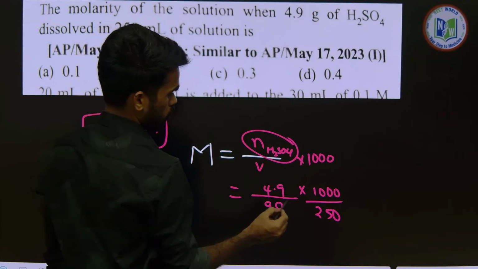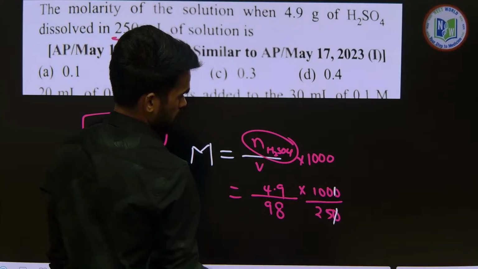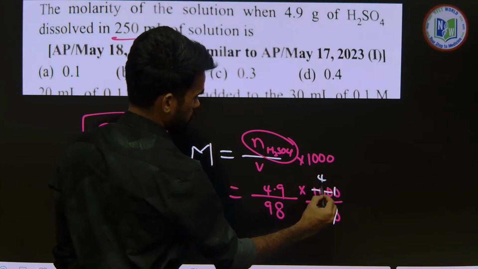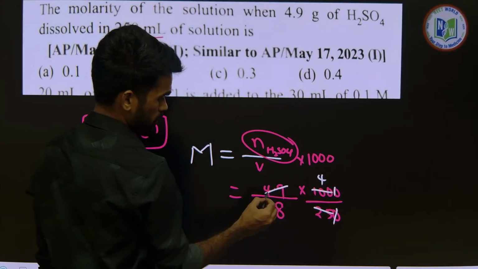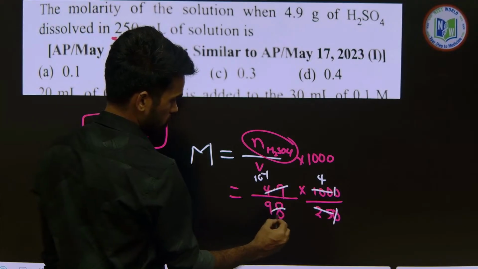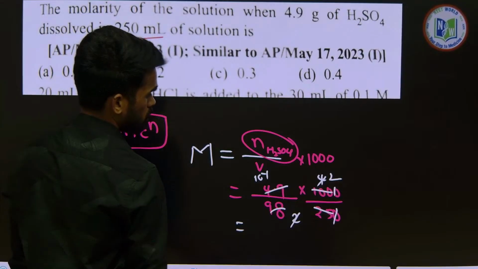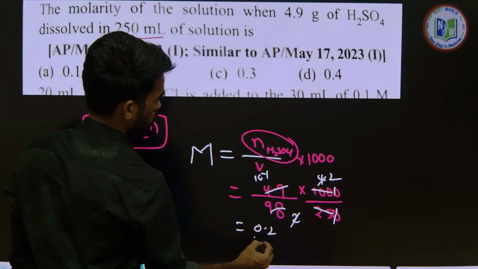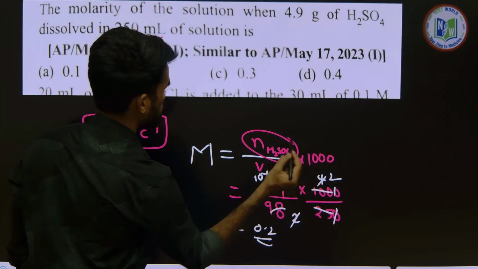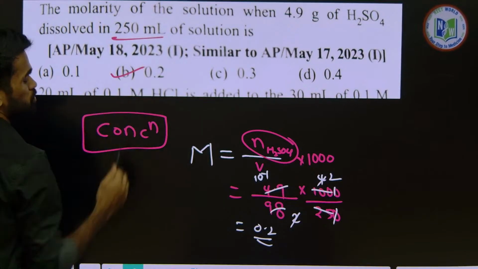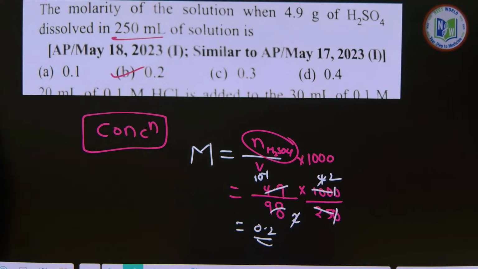So you can just ignore this, and then next this will be 4 times, and this is 2 times, that's it. So what we got here? 0.2 will be your answer. This is 10 power minus 1 and 2. 0.2, that is option B.